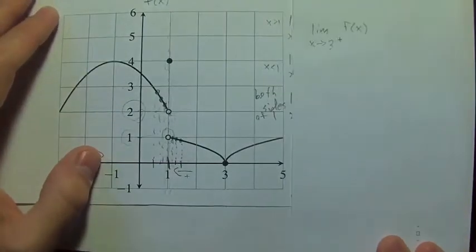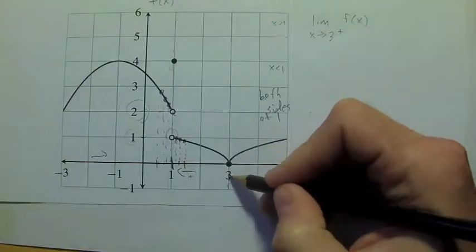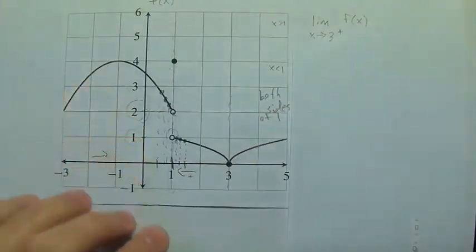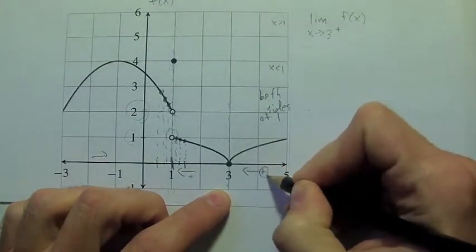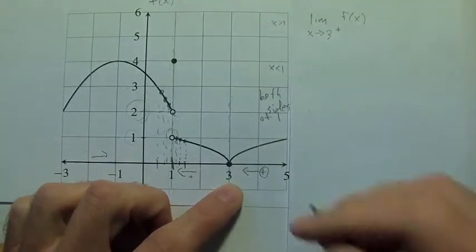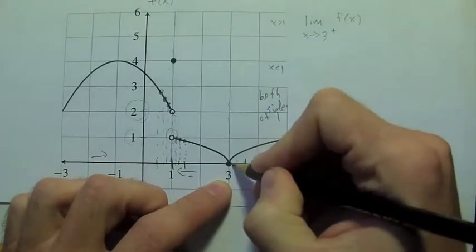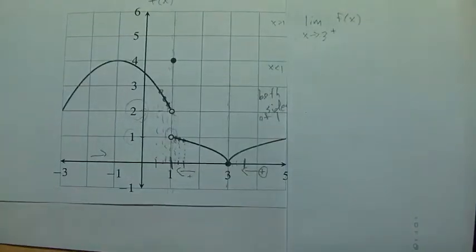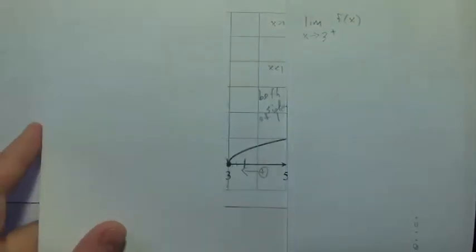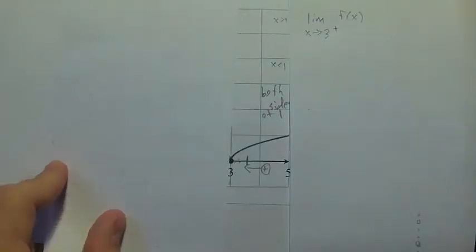The x value we're looking at here is 3, and I'm coming from the positive side. So I always start about halfway there. You can always look really closer, and you're just seeing where the graph is going. And again, if it helps, you can just cover up the left side and see what's going on here.